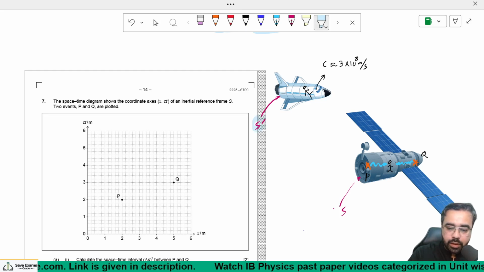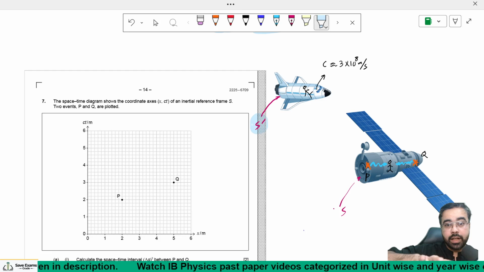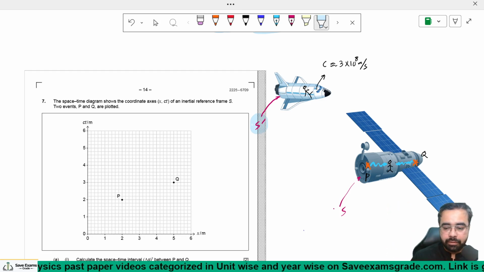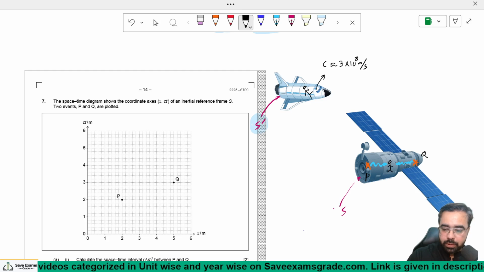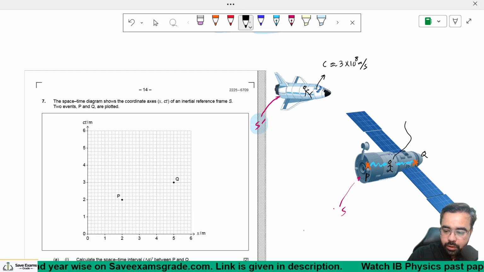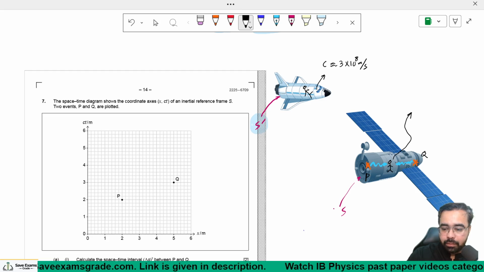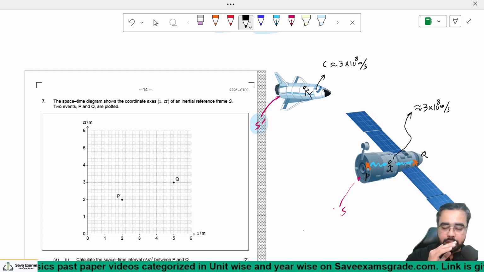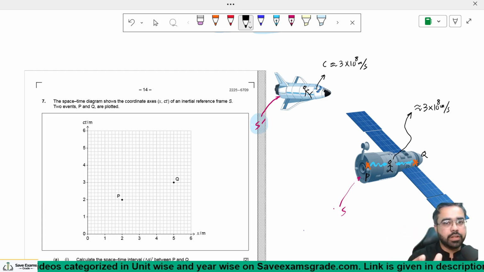Don't forget, it's a separate frame of reference, the S prime frame of reference. And what about these two photons? According to this observer, if this observer will measure the speed of light, it will be exactly the same speed of light. It means that the speed of light does not change irrespective of what frame of reference you are in.